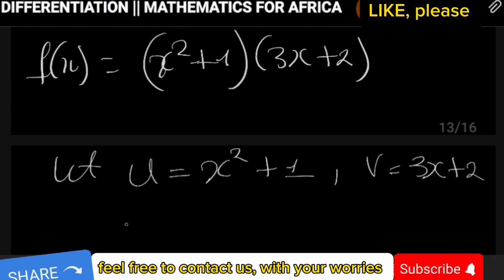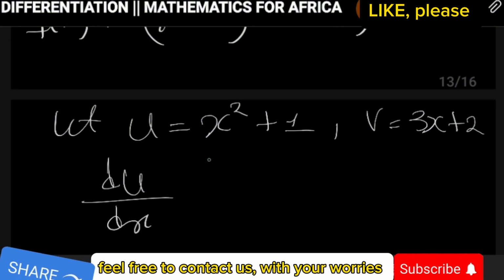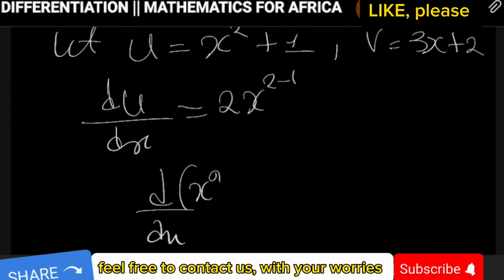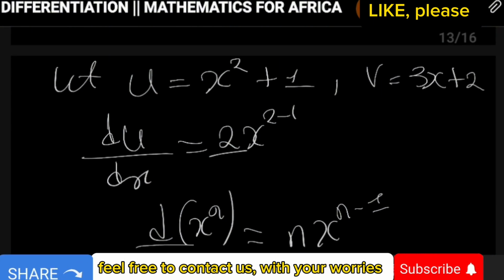Now my u prime, or du dx, u prime means du dx, that is, you differentiate u with respect to x. This one will be, you bring down the power 2 and x to the power 2 minus 1. That is, the derivative of a constant times x to the n is n x to the n minus 1. So our n is 2, you bring down the 2, then you subtract 1 from the 2, plus the derivative of a constant is 0, so the derivative of 1 will be 0.